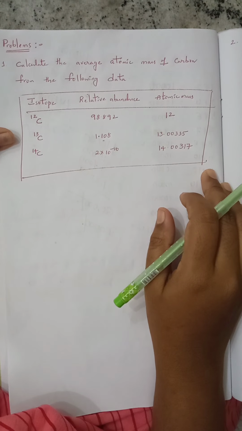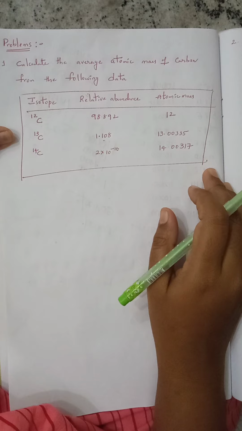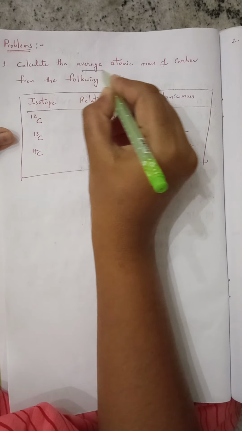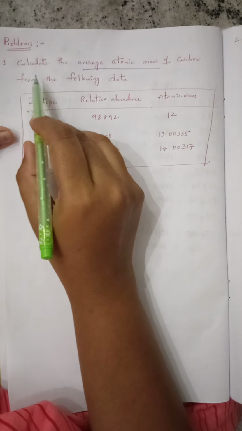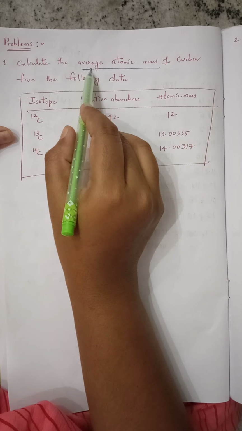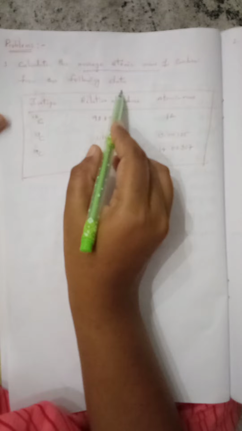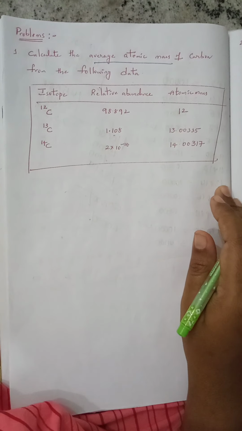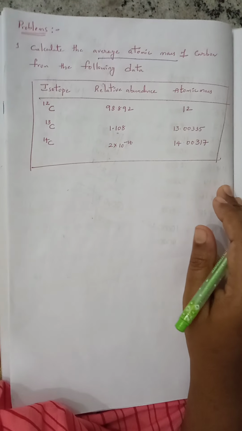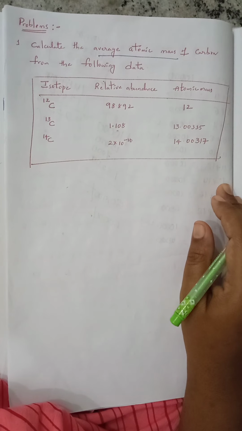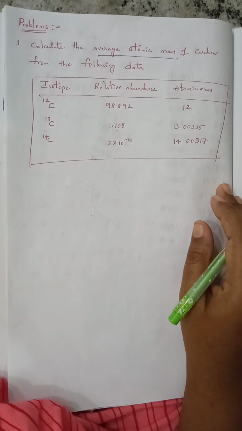Now here are a few problems related to average atomic mass. They have given a question: calculate the average atomic mass of carbon from the following data. This average atomic mass can be calculated for different types of isotopes.